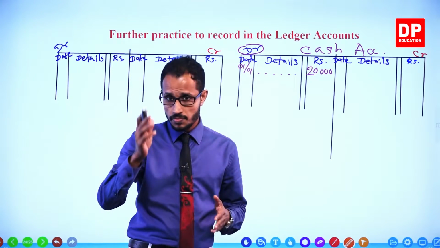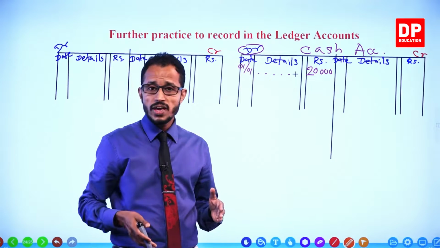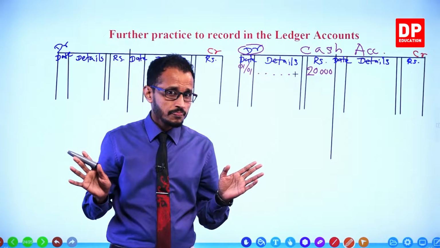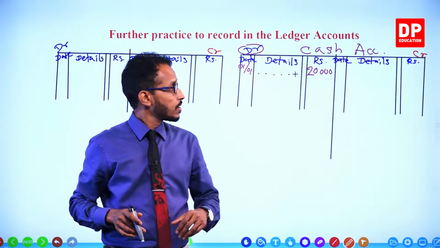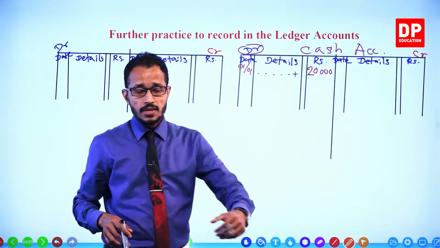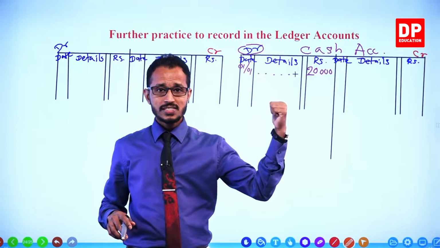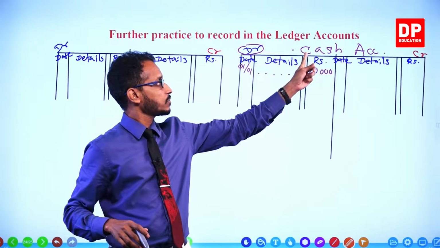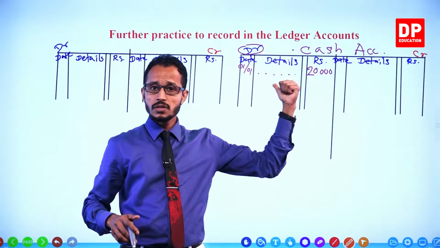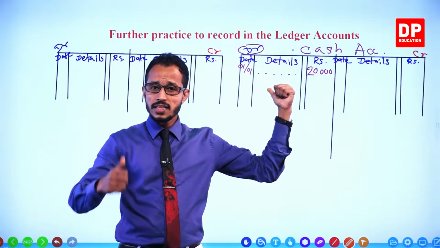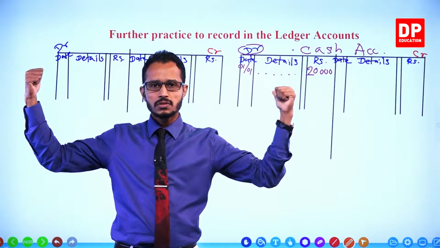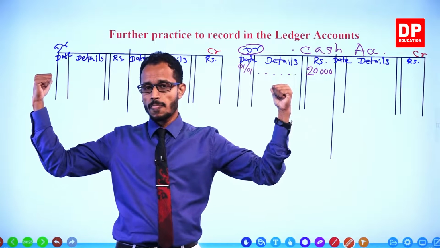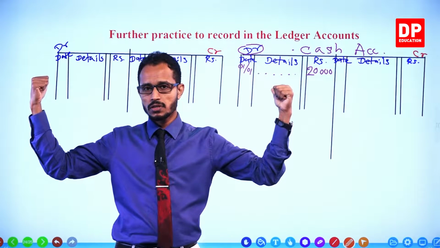We agreed, and we have already done this earlier. We agreed that the description of this account, I mean the cash account description, should be the name of this other account.